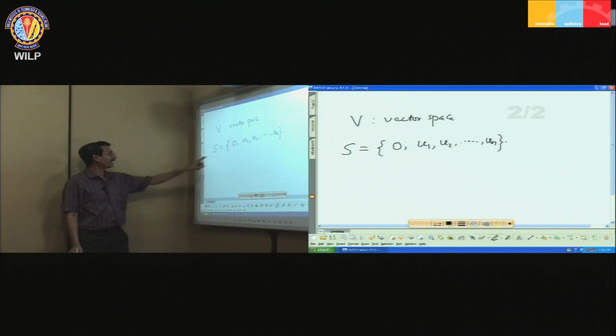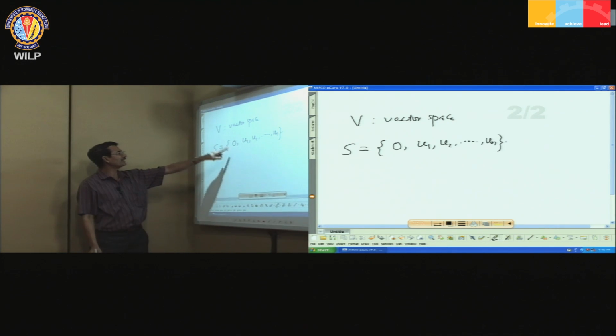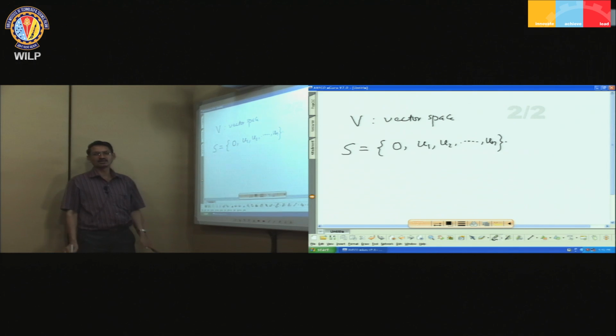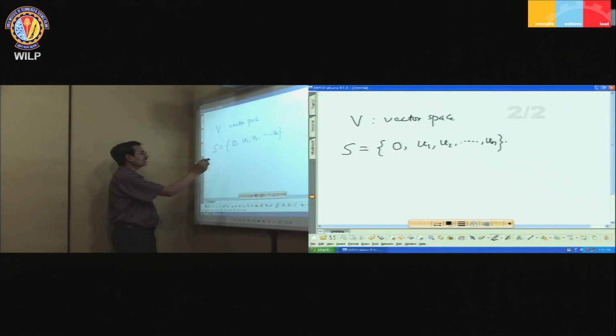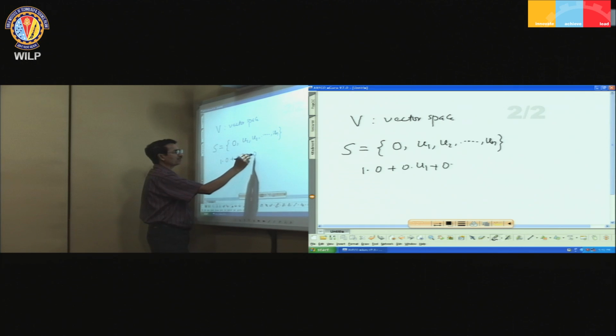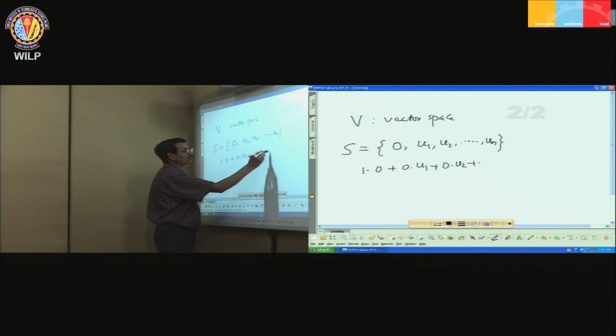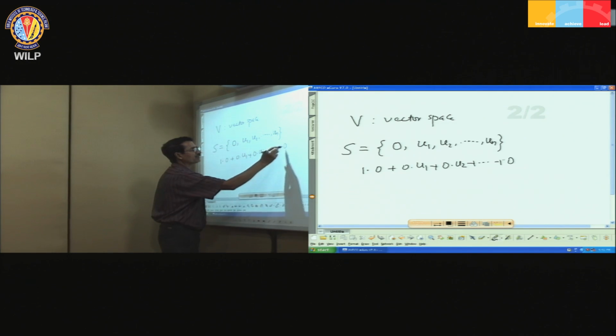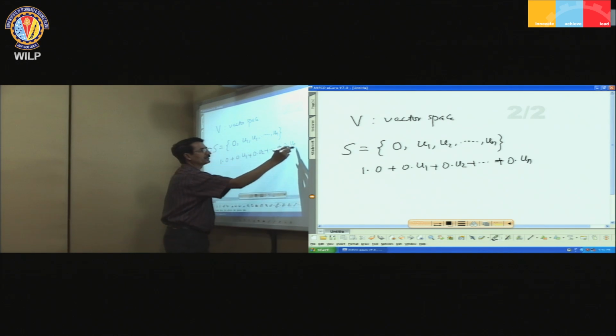The moment S contains the zero vector, I am saying that it is linearly dependent. Why? Because I can say that 1 into 0 plus 0 into U1 plus 0 into U2 and so on, plus 0 into UN is equal to 0.